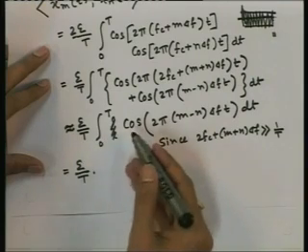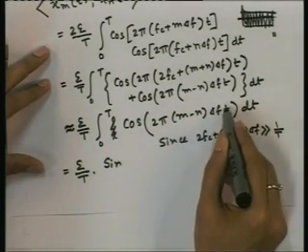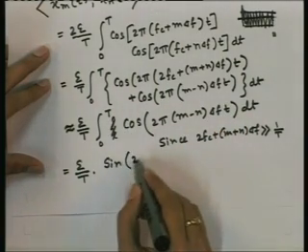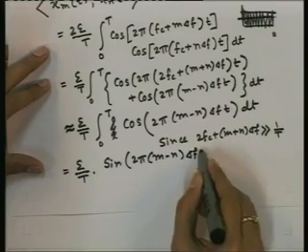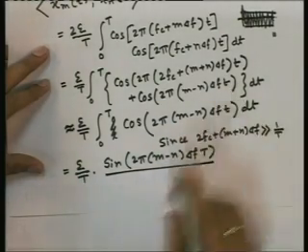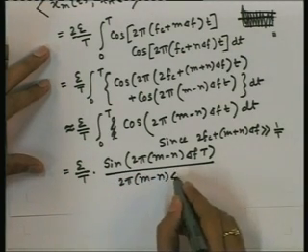So you will have only the term for capital T: sine of this whole thing with small t replaced by capital T, divided by this term except for t, 2 pi m minus n delta f.